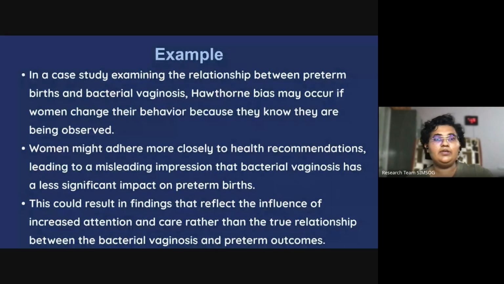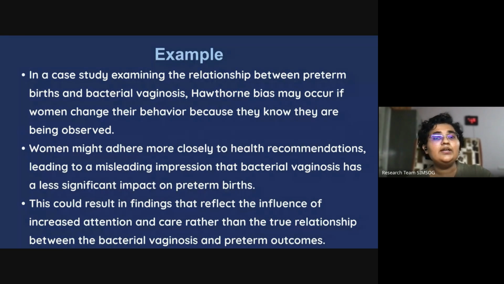For example, if I'm looking at a study examining the relationship between preterm births and bacterial vaginosis, Hawthorne bias can occur if women know that they are being observed and therefore change their behavior. For example, women might adhere more closely to the health recommendations compared to what they would do without the study, which would lead to a misleading impression that bacterial vaginosis has a less significant impact on preterm births.